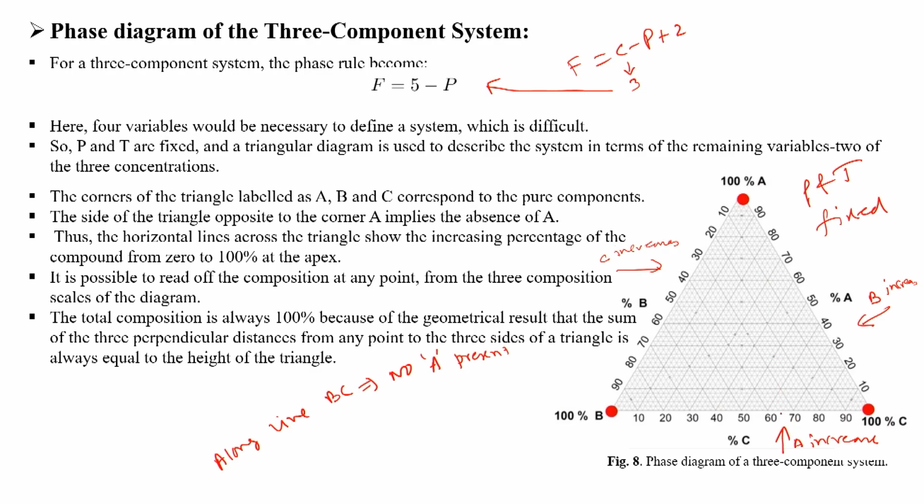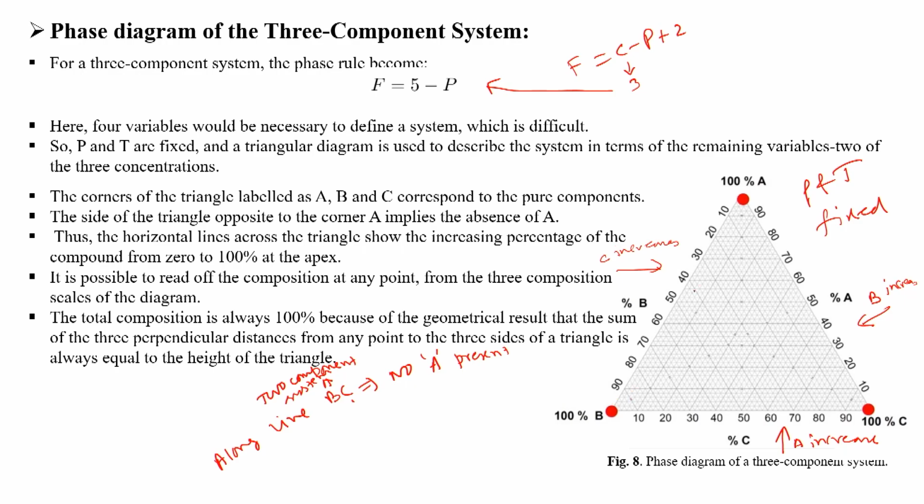So along line BC, it is like a 2-component system; we have only 2 components.